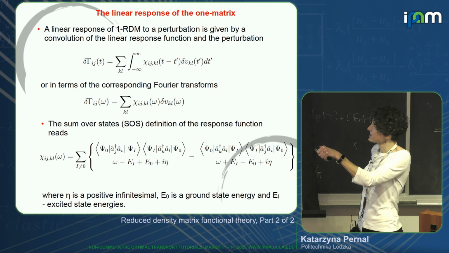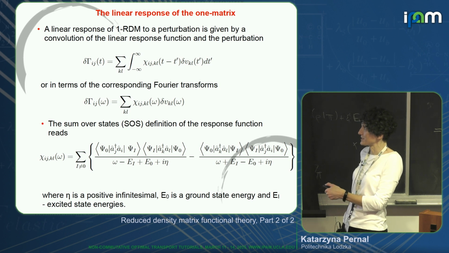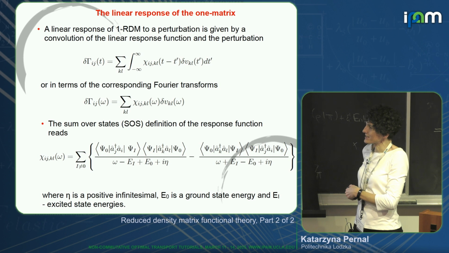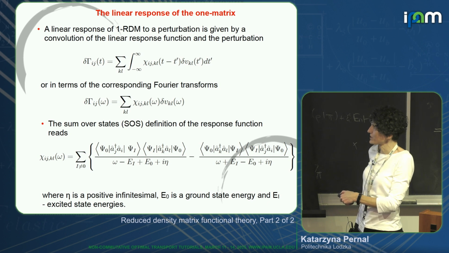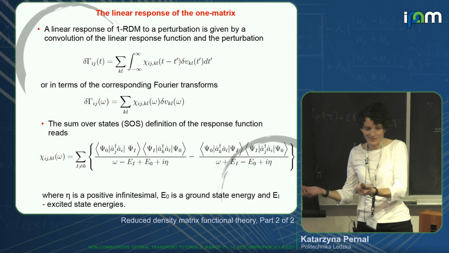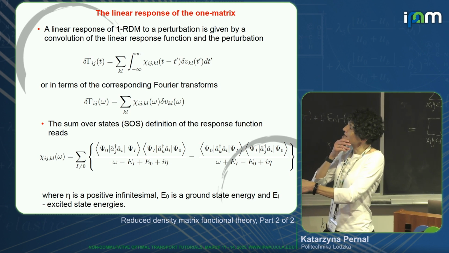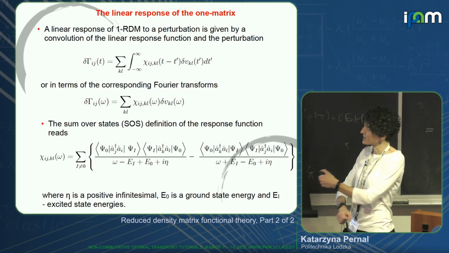To understand it, we have to consider a linear response theory for the 1-RDM, the one-electron density matrix. So imagine that we have a time-dependent system, a time-dependent Hamiltonian, and we perturb it with a potential V. So V is the perturbation. It can be anything, like light, we don't even have to specify what it is. Then, of course, the density matrix responds, right? There is a change in the density matrix.